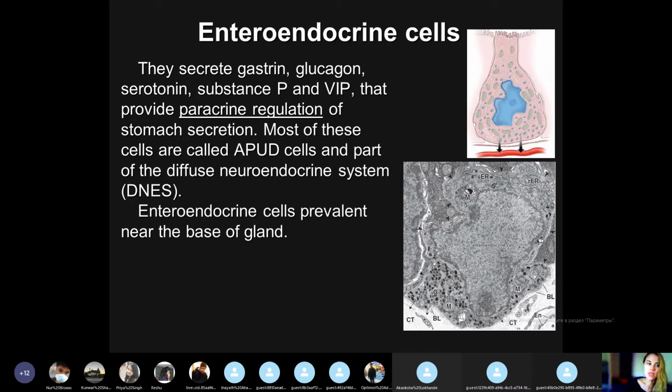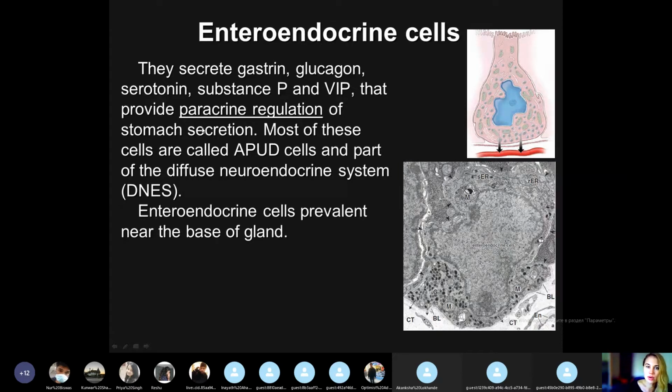In the stomach, these cells produce such substances as gastrin, glucagon, serotonin, substance P, VIP, and these cells, if you remember from the endocrine lecture, provide paracrine regulation.